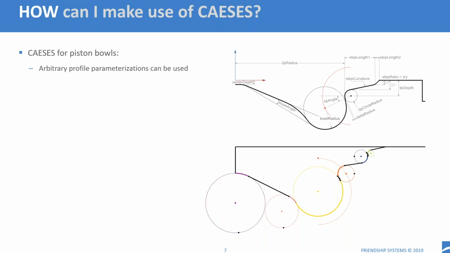So there are no templates that are prepared, but everything is user defined, and you can come up with your own parameterization using the parameters that you want, giving you all the control that is needed. You can see some examples here on the right side.